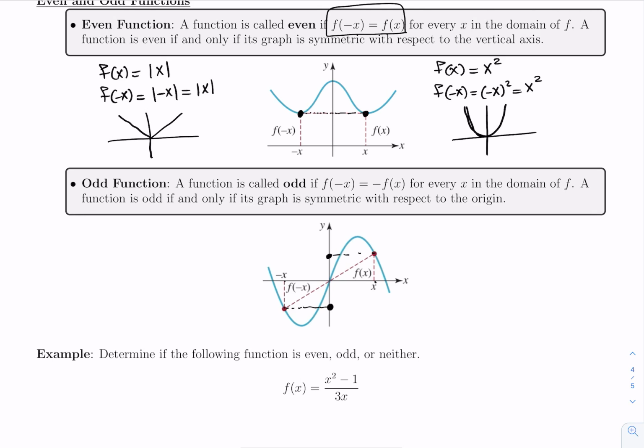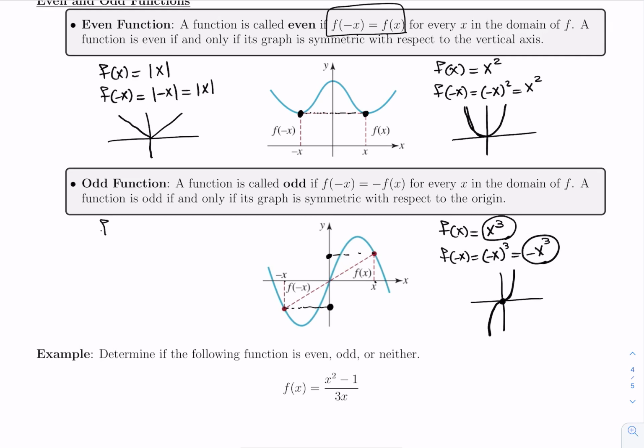The example would be f of x equals x cubed. F of negative x will be negative x to the power 3, which is negative x cubed. Clearly, f of negative x is equal to negative f of x. This is an example of an odd function, and the graph of f of x equals x cubed has symmetry with respect to the origin.